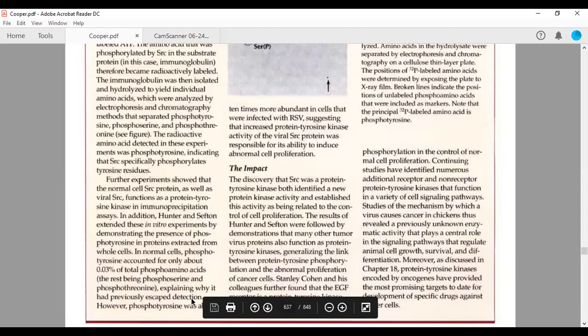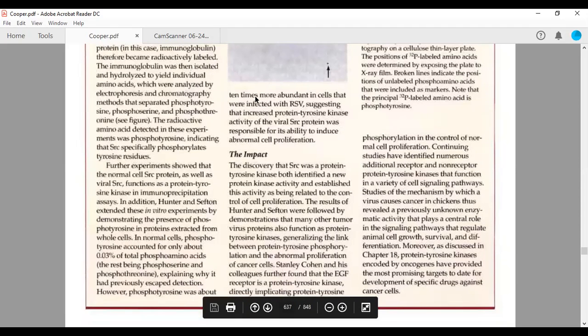However, phosphotyrosine was about 10 times more abundant in cells infected with this particular virus, Rous sarcoma virus. So obviously this shows that tyrosine phosphorylation is increased over 10 times when this infection happens. That's how it is able to create tumors in animal models, suggesting that an increased protein tyrosine kinase activity of the viral SRC protein was responsible for its ability to induce abnormal cell proliferation and cause tumors.